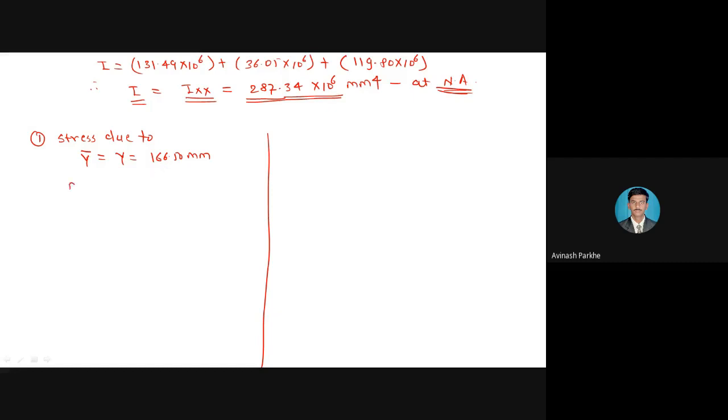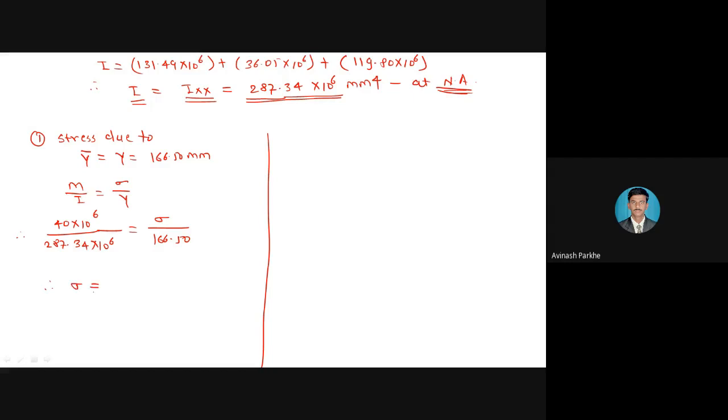We have the formula M upon I is equal to sigma upon Y. So M is 40 into 10 raised to 6, I is 287.34 into 10 raised to 6. Sigma is the bending stress, Y means Y bar, 166.50.